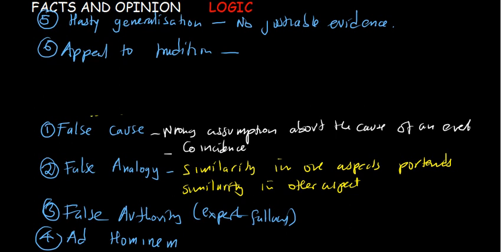For example, the fact that you are a biology teacher doesn't mean you'll be able to handle the patient because you know something about biology. Or the fact that you are a lecturer in anatomy and physiology doesn't mean you are able to control the situation. Okay, so that is false authority.